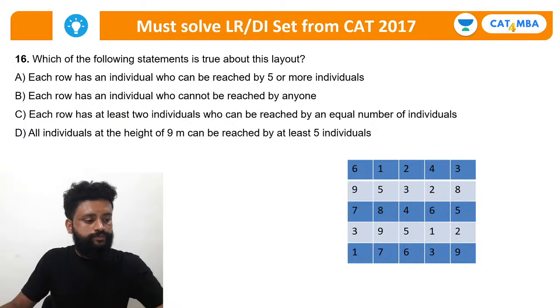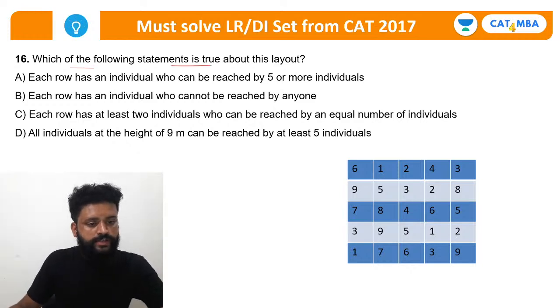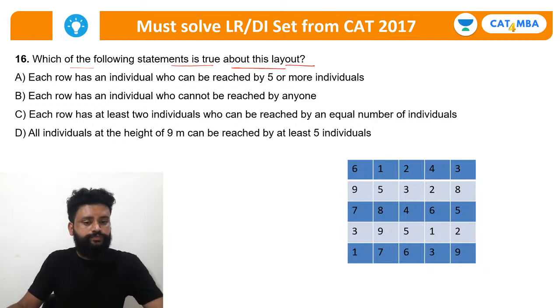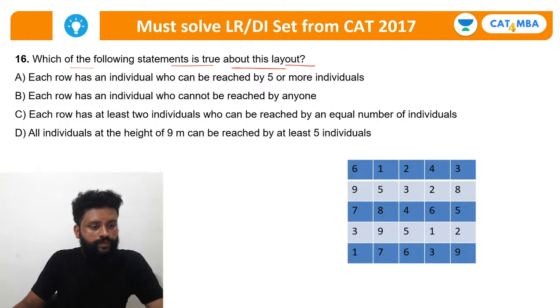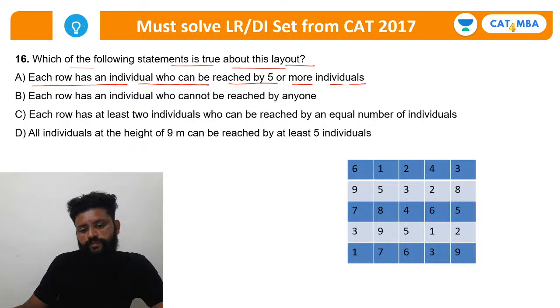Last one. Which of the following statements is true about each row has an individual who can be reached by 5 or more individuals? 5 या 5 से ज़्यादा.